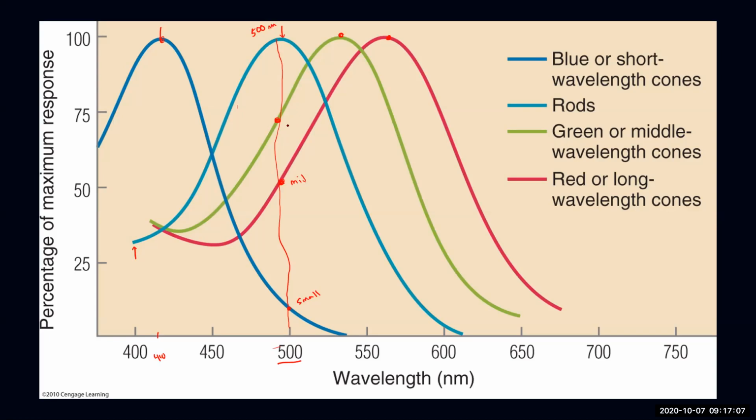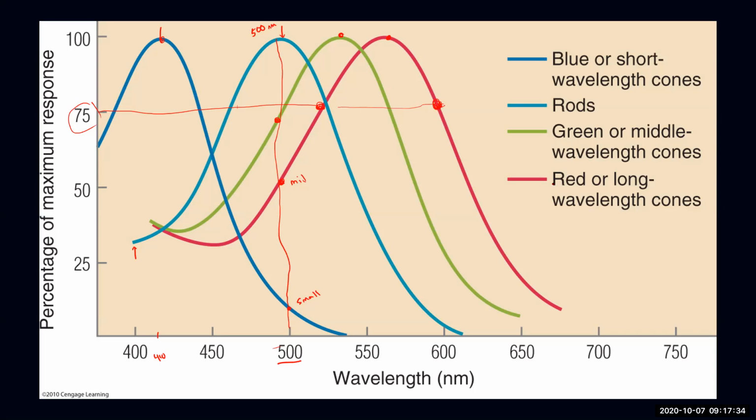Okay, so I'm going to jump ahead a little bit real briefly because this is going to apply for perception of color. Let's say my red or long wavelength cone is responding at 75% of its max value. What wavelength light do I have? Well, let's draw this over. 75, we got this. Oops, it could be this.